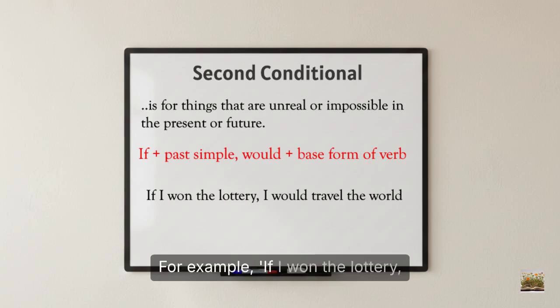For example, if I won the lottery, I would travel the world. Here, winning the lottery is not a real expectation, but rather a hypothetical idea. This conditional helps us discuss dreams, wishes, or situations that are not true now, emphasizing their imaginary nature through the use of the past simple and would.